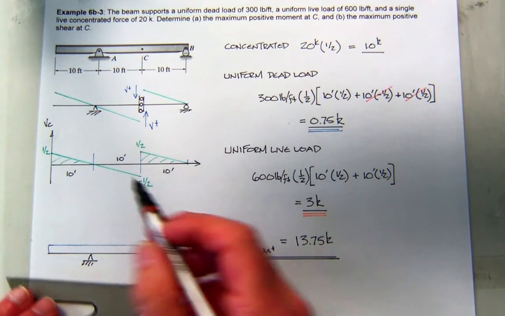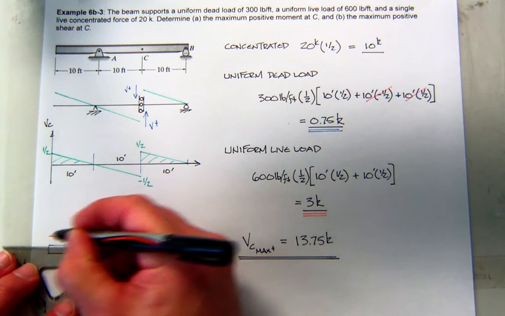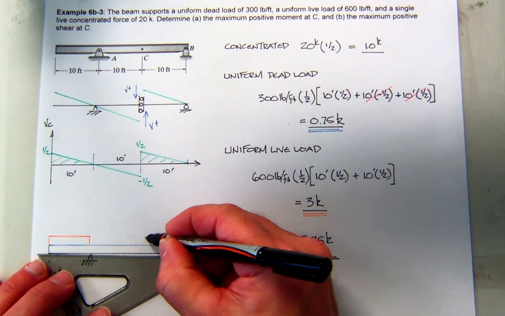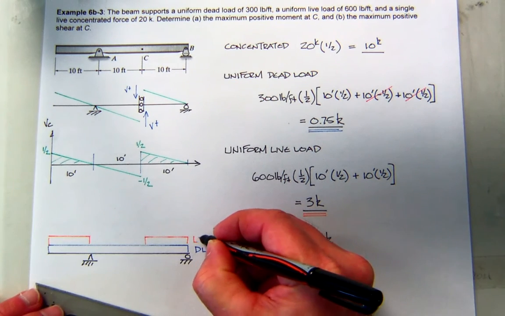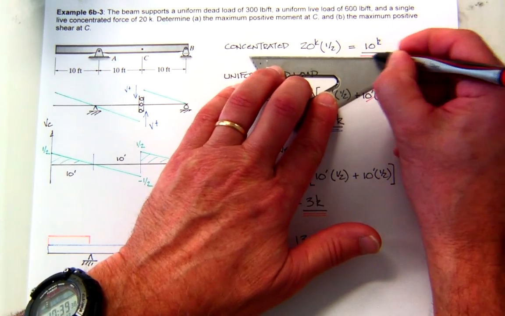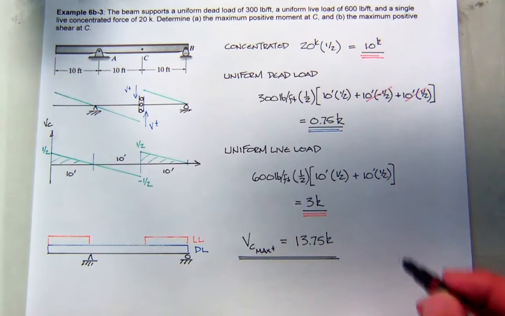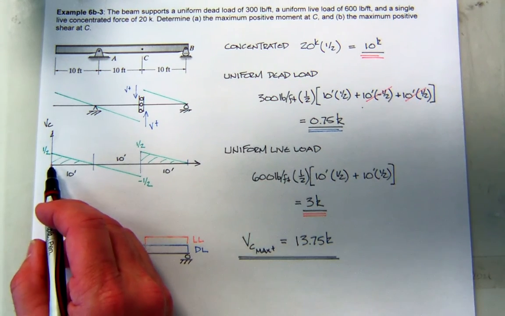It's going to run just the positive parts of the beam, so it will run here to here and here to here. See that? And then we've got the concentrated load. This could be either here or here.